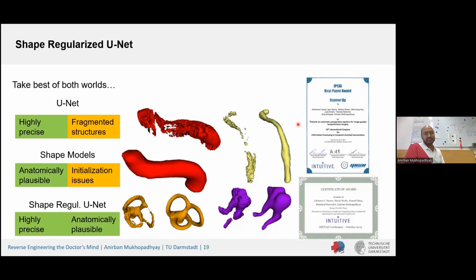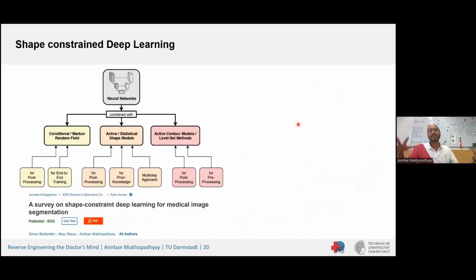So yeah, that was a work from around 2018 or so, and we got some community recognition, but we also realized at that point that bringing shape constraints into the segmentation framework was becoming sort of a norm. And there were quite a lot of works coming out where people were trying to do either pre-hoc, post-hoc, or end-to-end frameworks of bringing shape constraint into UNet and other forms of deep learning.